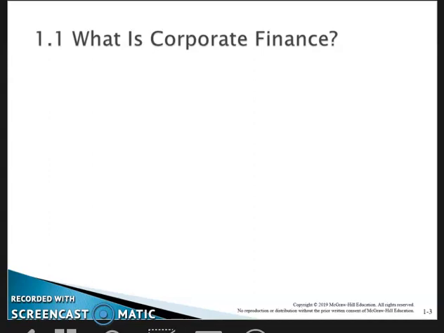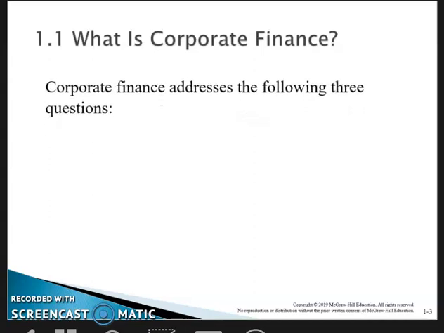So what is corporate finance? Corporate finance addresses three questions. First, in what long-lived assets should the firm invest? So we're talking about fixed assets or capital assets and so forth.